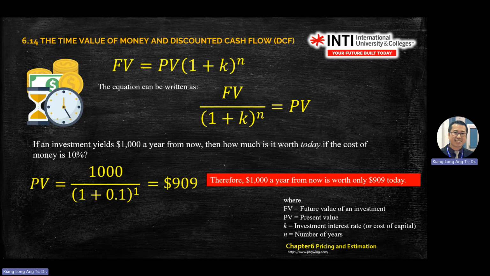But if you pay 1,000 today and in future you also get 1,000, it means you are actually making losses. But if you pay 909, you only break even in the future. Because if you put in 1,000 and after 1 year also get 1,000, how come it's not a loss?